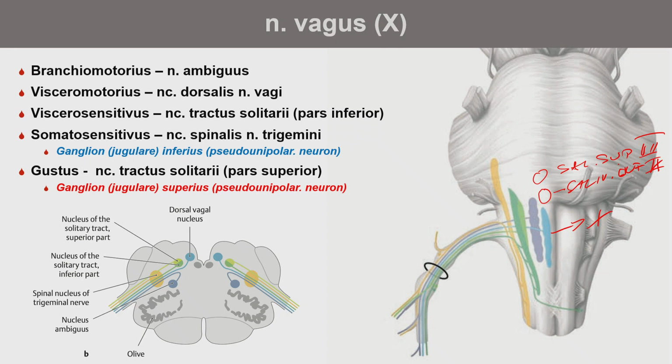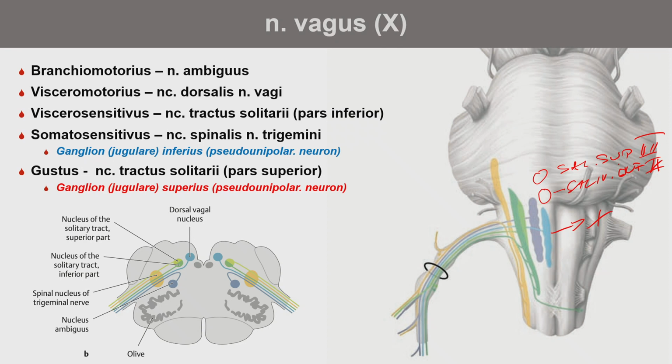So the vagus is supplying thoracic organs and bronchi, lungs, heart, thymus, esophagus, then liver, stomach, gut, up to the lienal flexure. It obtains also somatosensitive information, and then this information is transmitted to the trigeminal spinal nucleus.